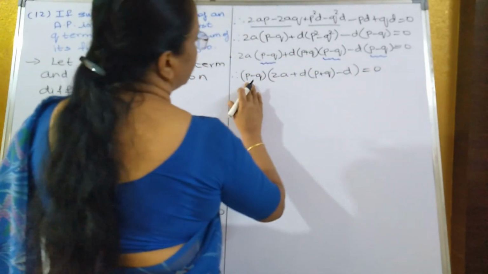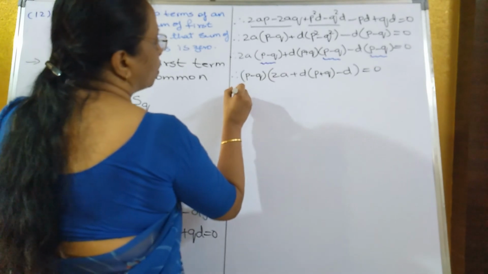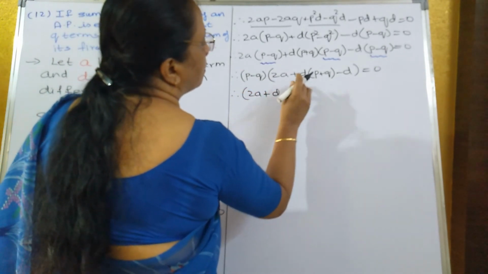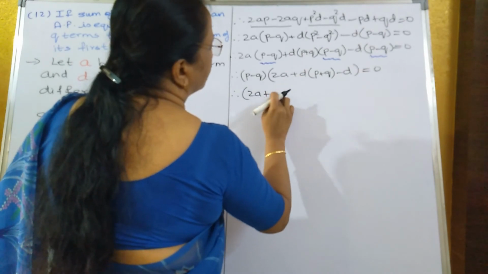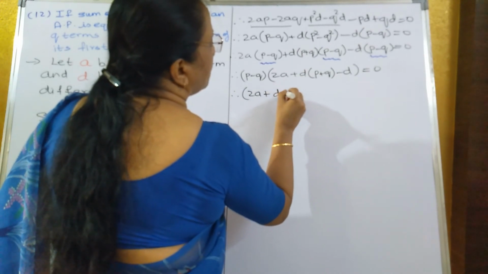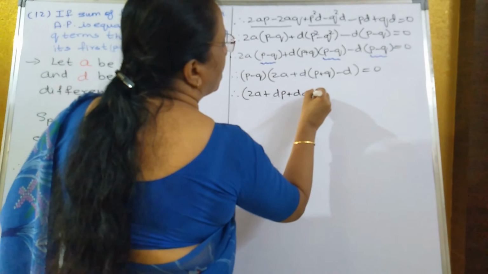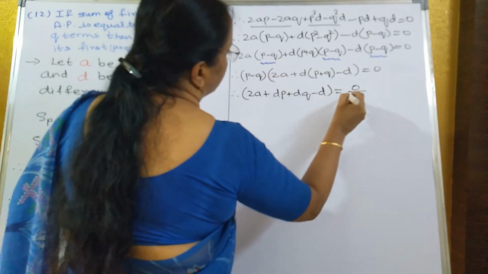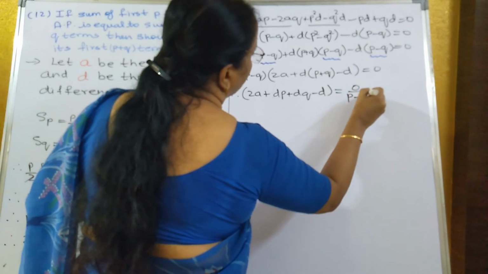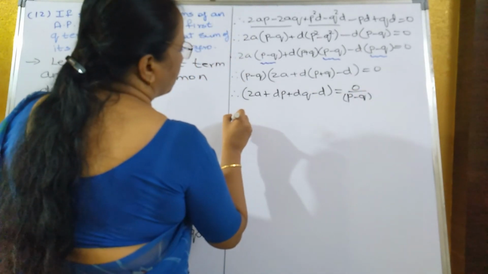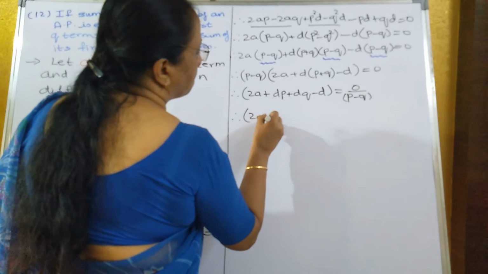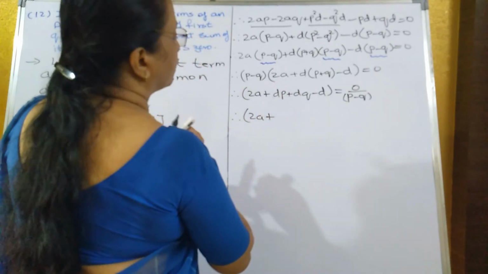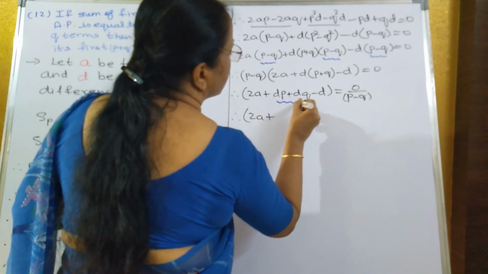Now take this P minus Q on the other side. So what you will get? 2A plus D. Now multiply this: DP plus DQ minus D is equal to 0 upon P minus Q. Now 0 upon anything will be what? 0. Therefore 2A plus, now what is common in all this three?